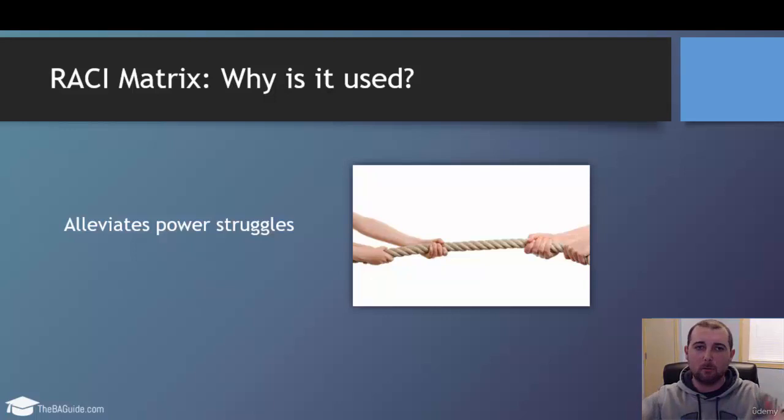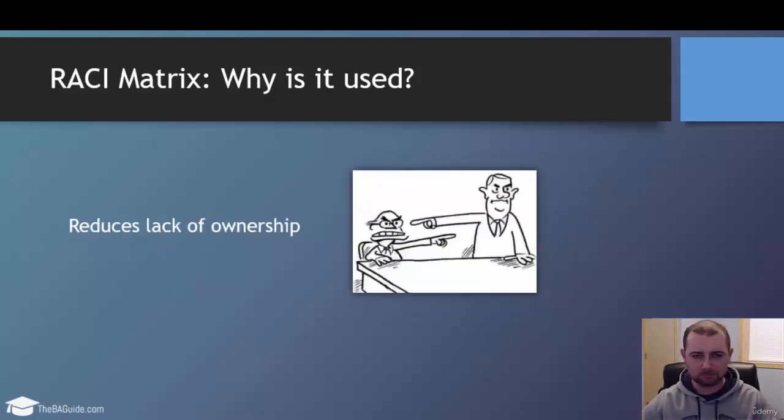There's many times you have multiple teams, cross-functional teams that are working together on a project, and you may have two managers or directors that are used to having the power, and they start having a struggle. So it's better to solve that with a RACI matrix before the project even starts than get halfway through the project and start running into issues with power struggles or a political game within the company.